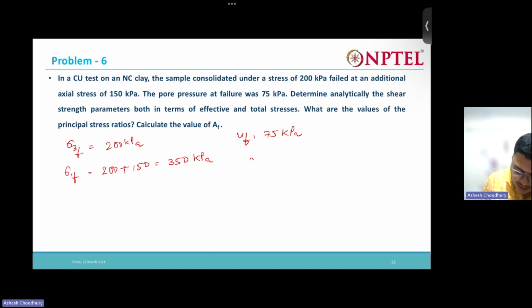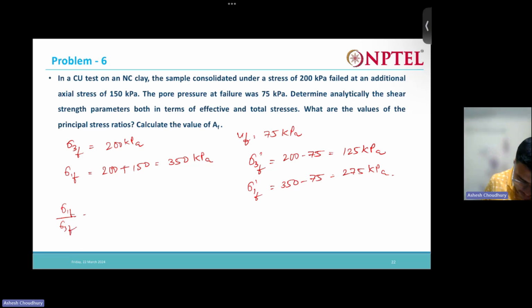So from here I can write sigma 3 prime f. The initial, easy thing you can directly find out is the principal stress ratios, that means sigma 1f by sigma 3f.